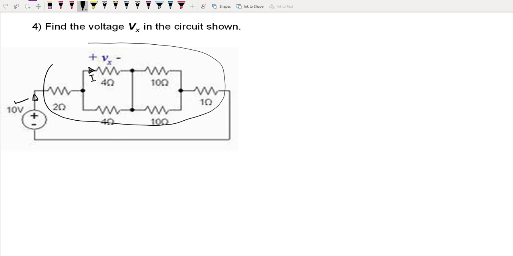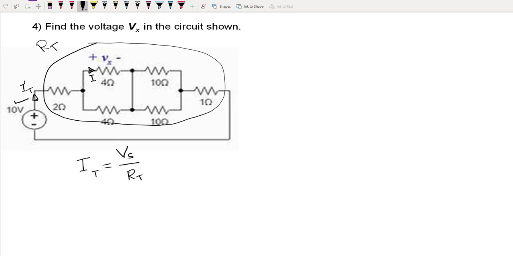If you know this equivalent resistance, then the total current supplied by the source, I total, is equal to the supply voltage Vs, which is given as 10 volts, divided by the total resistance.